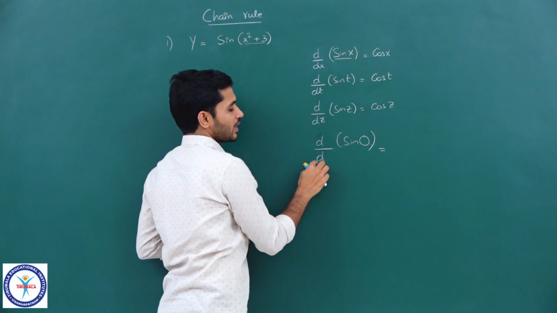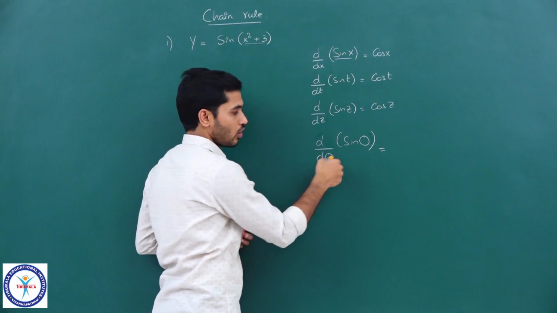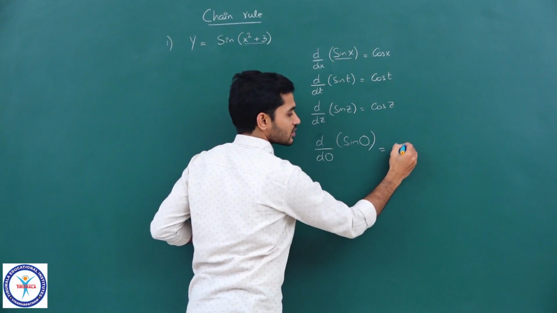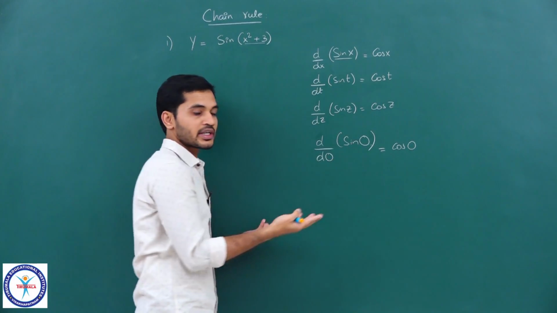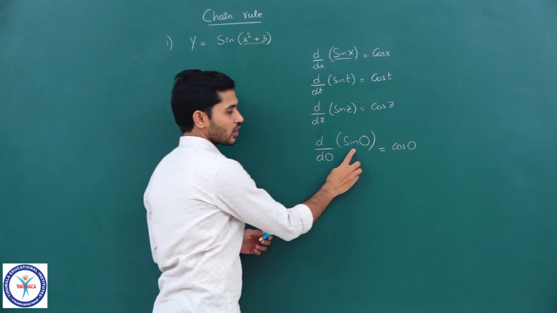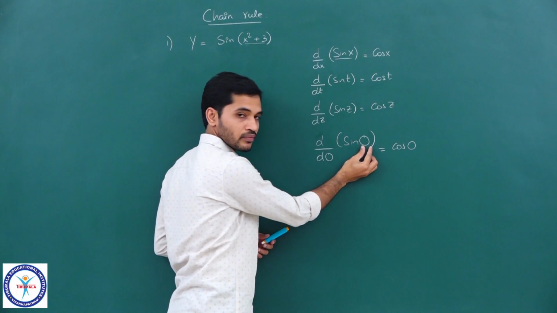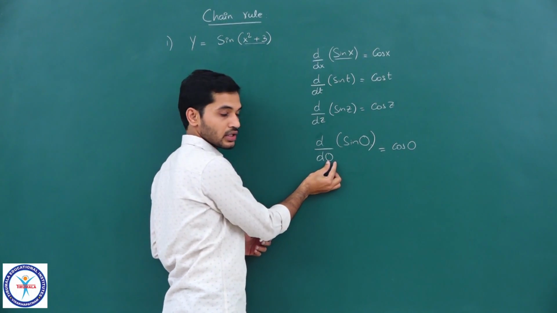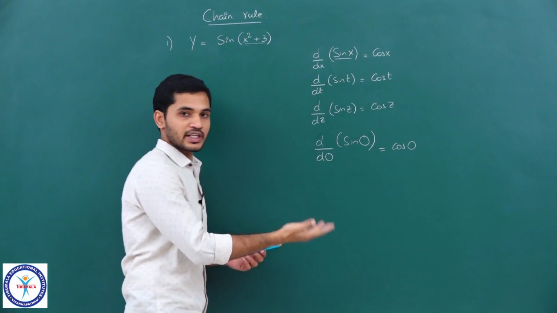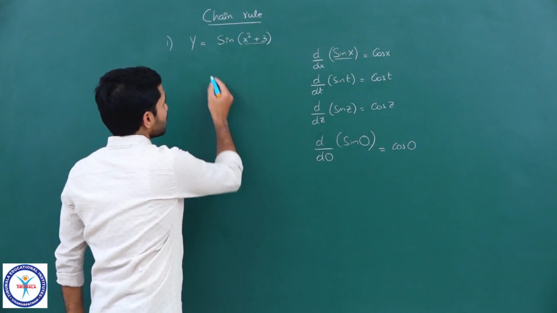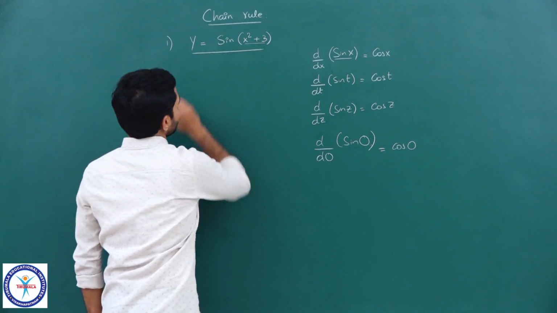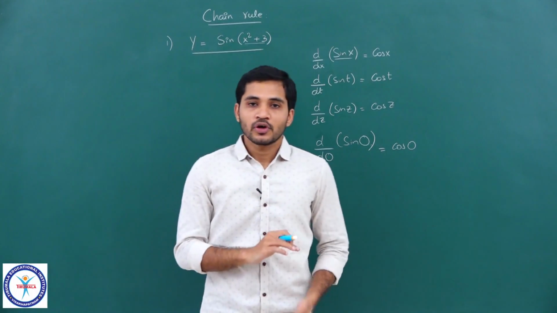So, d by d circle of sine circle will be cos circle. You can call it O, you can call it circle, you name it. As long as you have sine of something, and you have the same something here, then we know the derivative of that. Clear? So, if you now look at this, to differentiate this expression, we will be using something called chain rule.